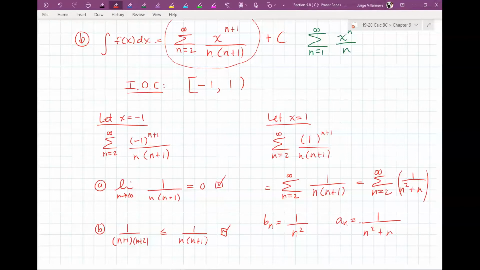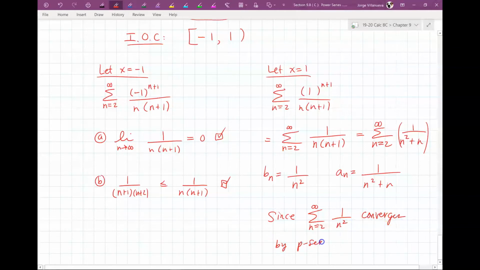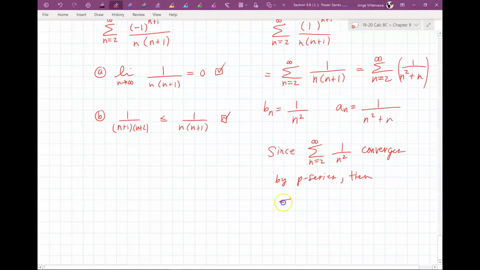Does 1 over n squared converge? Yeah, by what test? P series, right? P is greater than 1, right? So since this converges by P series, then this converges by direct comparison.